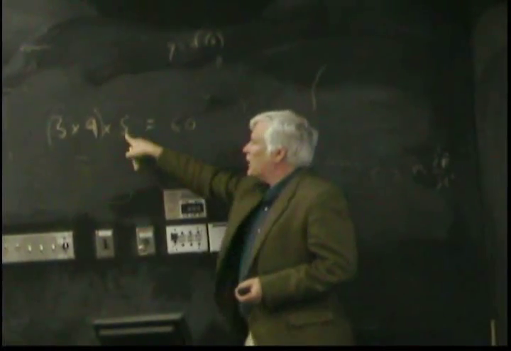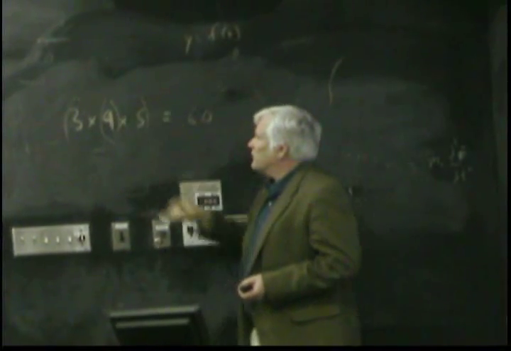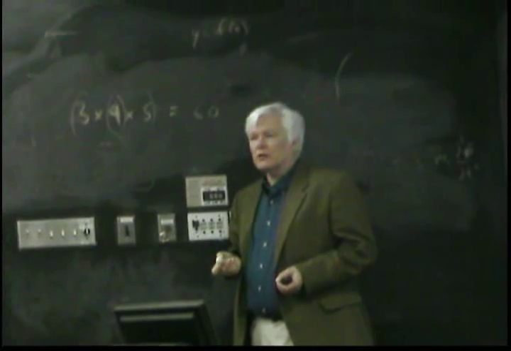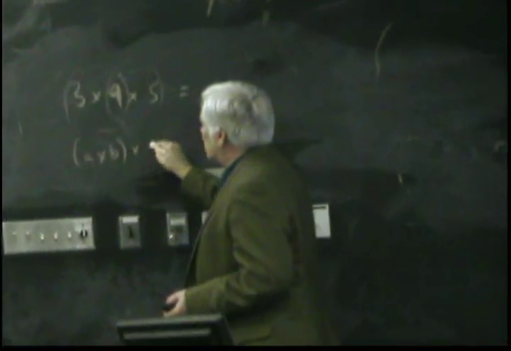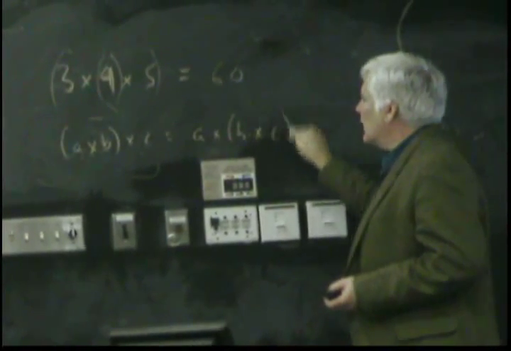You can multiply 3 times 4, which is 12, then 5, which is 60. Or you can do 4 times 5, which is 20, times 3, which is 60. Doesn't matter how you do it. So in other words, (A times B) times C equals A times (B times C).